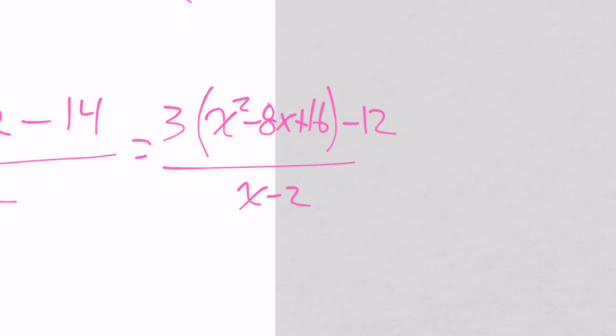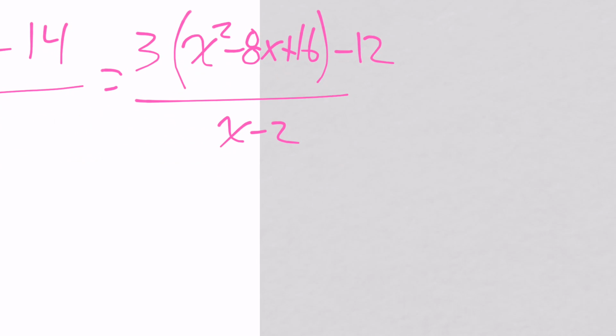Okay? Couple ways you can handle this. Well, one way is you could incorporate that negative 12 into that stuff in the parentheses. If you do that, you need to remember that that negative 12 is really a 3 times a negative 4.